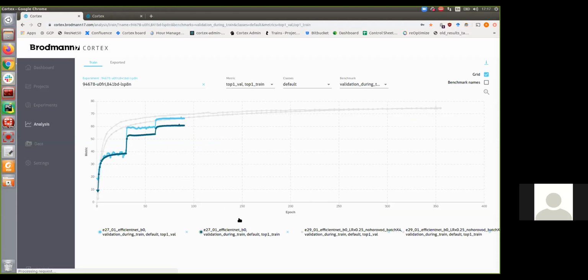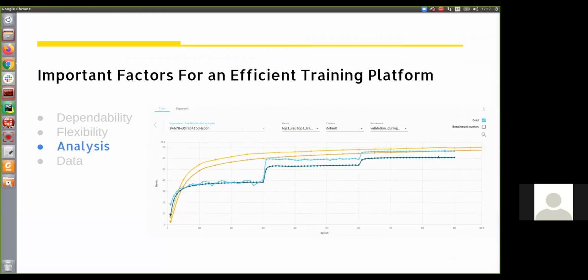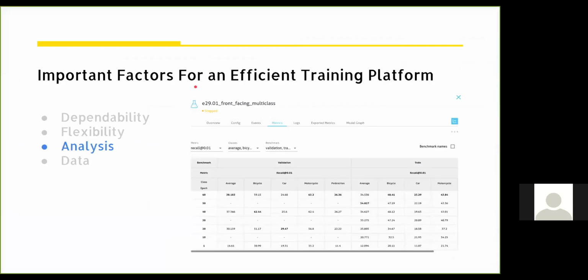So you can see that I can easily compare the model within itself, some metrics against the other, training versus validation, and I can compare two or more models, one against the other. So going back to the presentation, let's look at some more things we have in our toolbox.